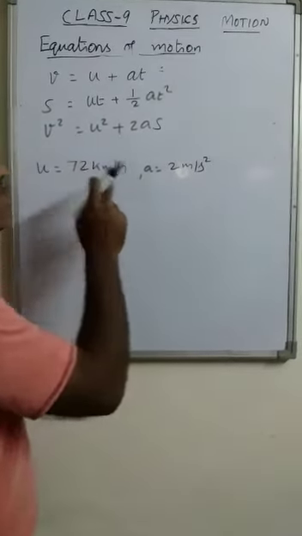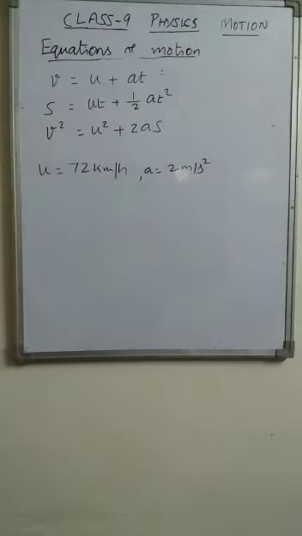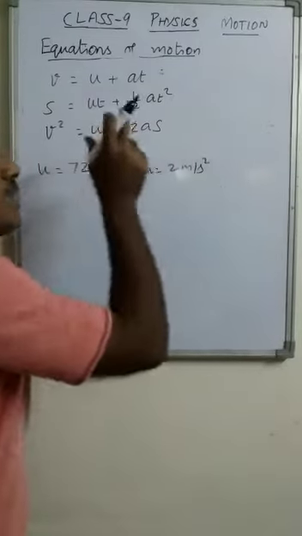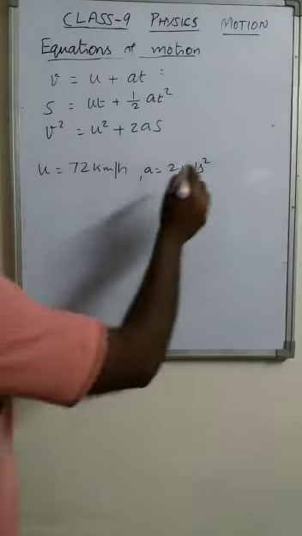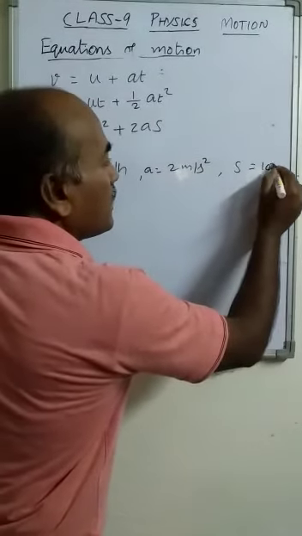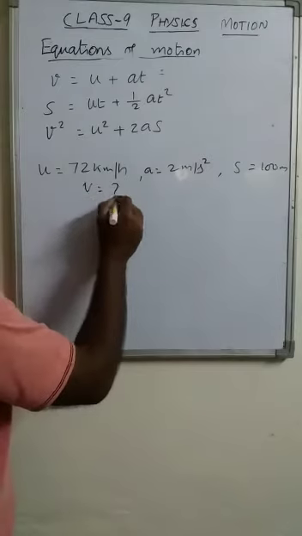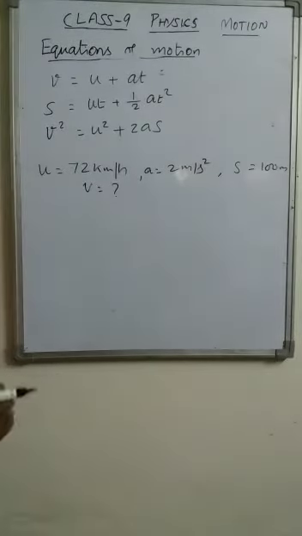Initially its velocity is 72 km per hour and its acceleration is 2 meter per second square. Then after traveling some distance, for example, after traveling 100 meter, what will be its velocity? That is, the final velocity is how much? This is a simple example.